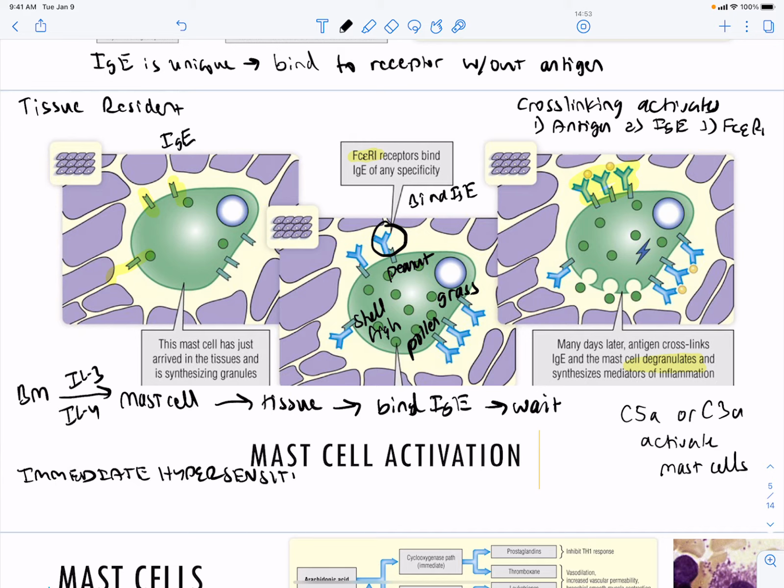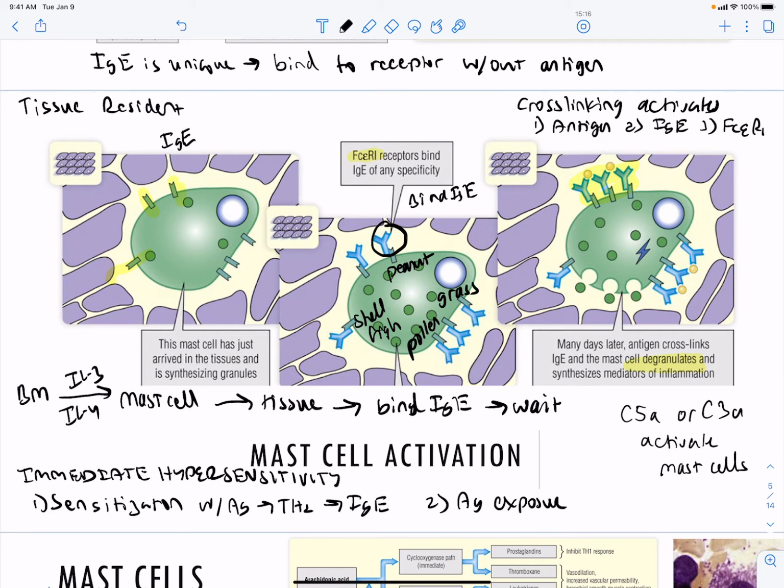And it's because it happens quickly. You have sensitization with antigen, and it goes to a Th2, which drives an IgE response. And then you have antigen exposure, which drives the release of granules.